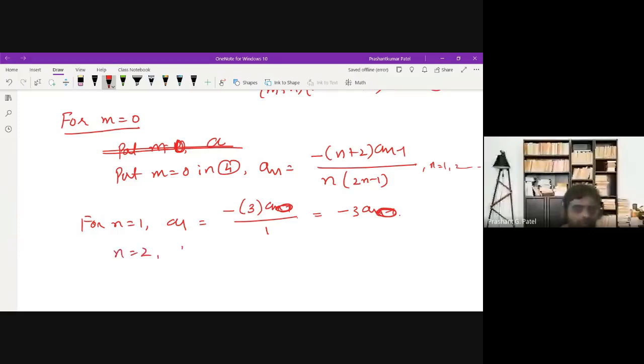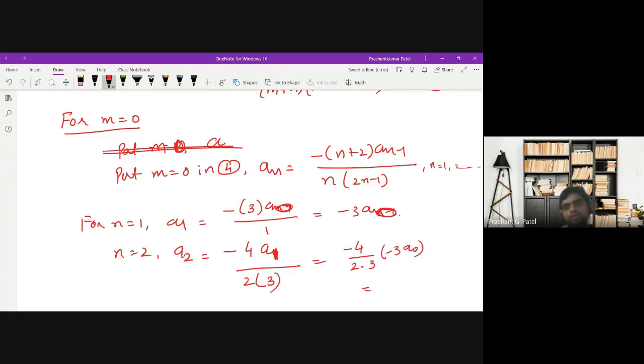For n equal to 2, a2 will be, if I substitute n equal to 2 here, minus 4 into a1 upon 2 into (4 minus 1). 4 minus 1 is 3. So it is minus 4 upon 2 into 3 into minus 3a0.